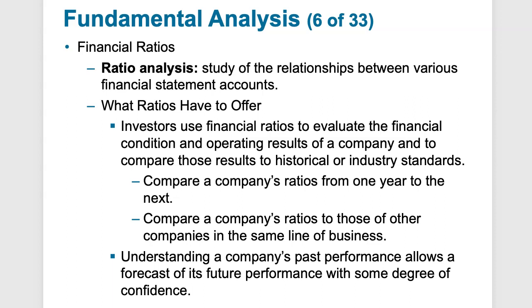So we want to use these financial ratios, of course, to understand the financial condition of the company and their operating results, and compare those easily to previous historical periods in the company, last year, last quarter, and other companies in the industry.